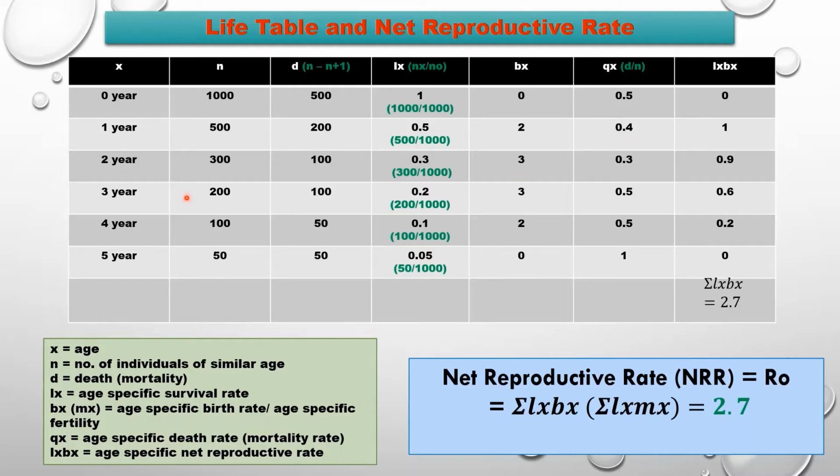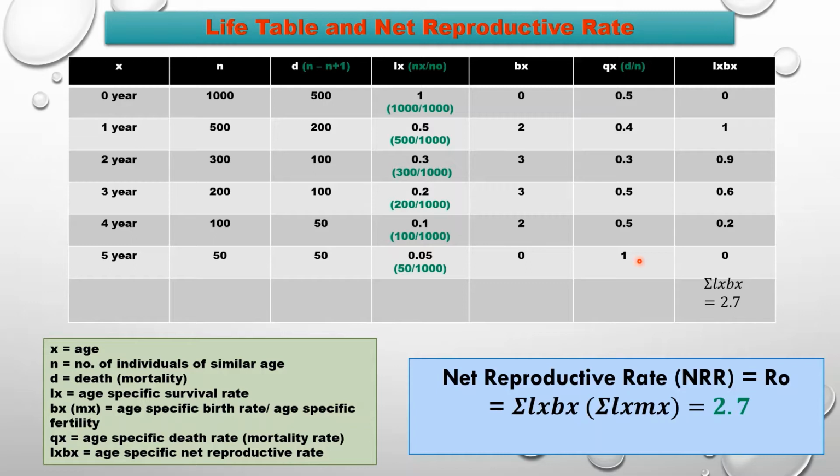In 2 year D is 100 and N is 300. So 100 by 300, 0.3. Next in 3 year 100 is D. 100 divided by N, 200. 100 by 200, 0.5. And in 4 year 50 by 100, 0.5. And in 5 year 50 by 50. So this is the QX.